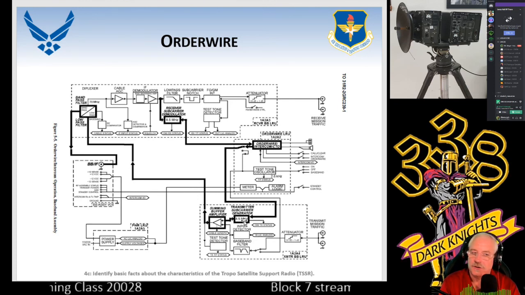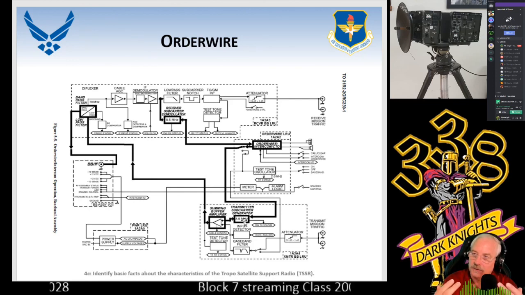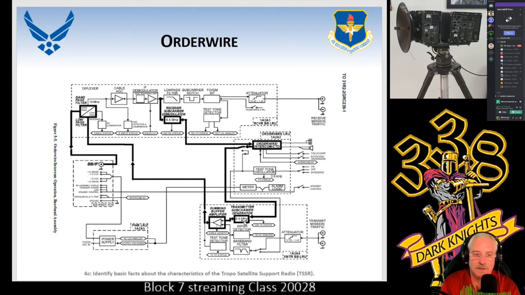FM goes to your summing buffer amplifier, which is the next stage, and it's going to combine your order wire, which is your voice, with the baseband signal of either CDI or NRZ.